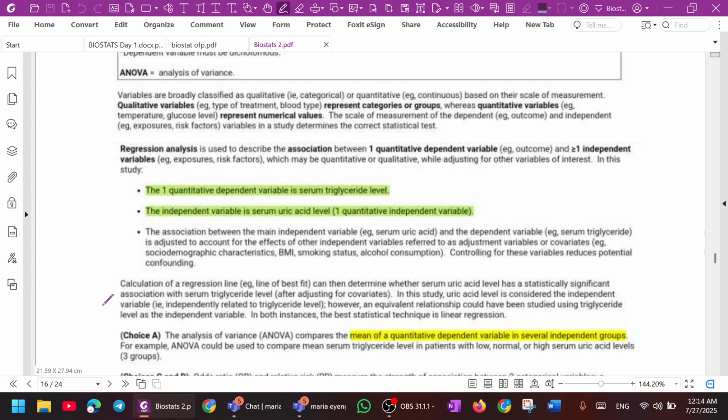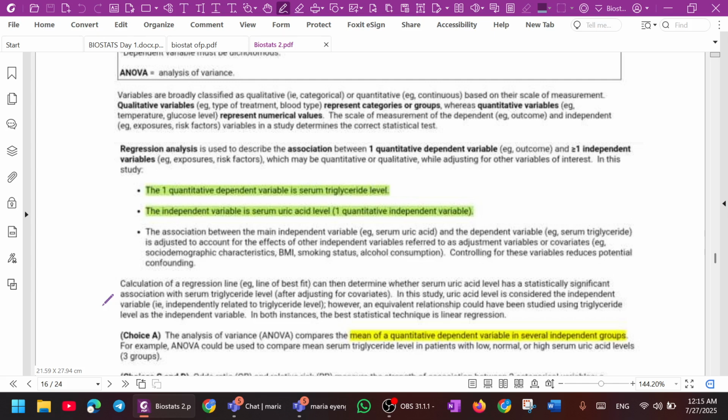In this study, the one quantitative dependent variable is serum triglyceride, and the independent variable is serum uric acid.